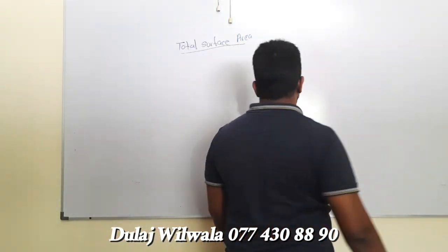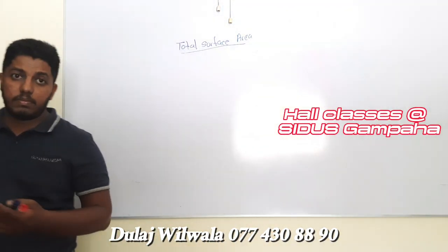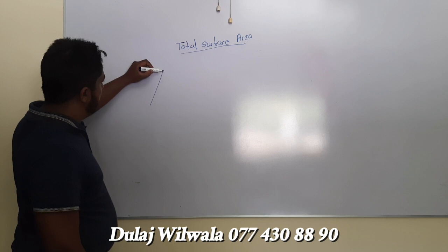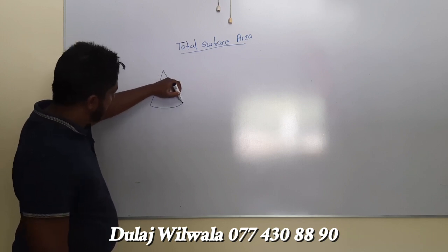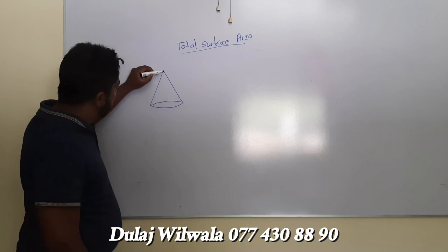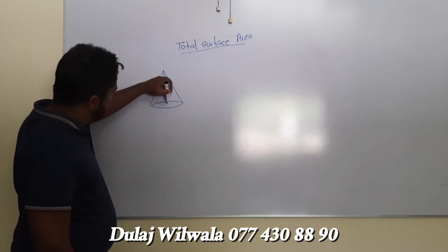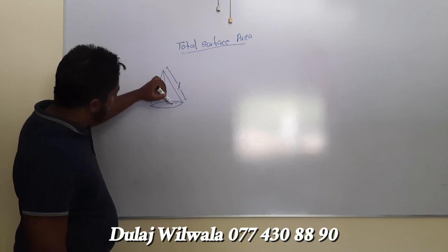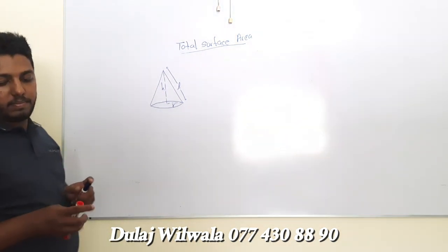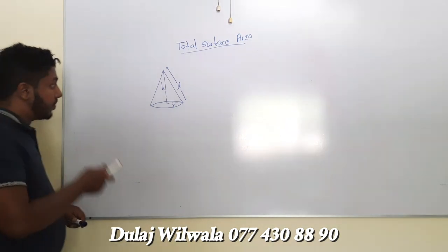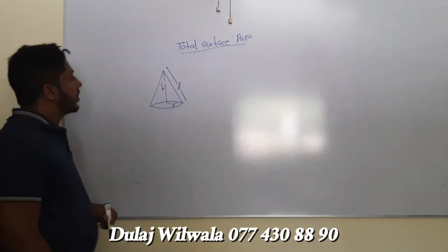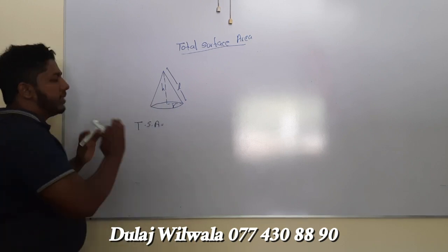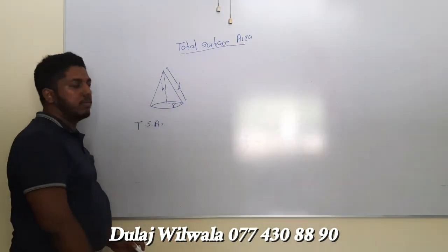Right. The last one we will be discussing is the cone. Let's say this has a slant height L, perpendicular height H, and the radius R. So here the total surface area would be, there's this curved surface and there's this bottom, right?